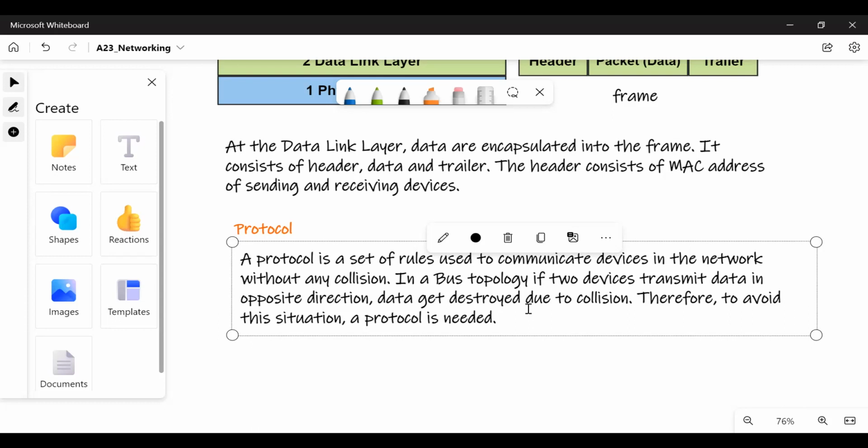So we need to avoid this. For that, we need a protocol. Now, when you talk about the protocols, we have to discuss two implementations, Aloha and slotted Aloha, and Ethernet, right? So let's see what those are.